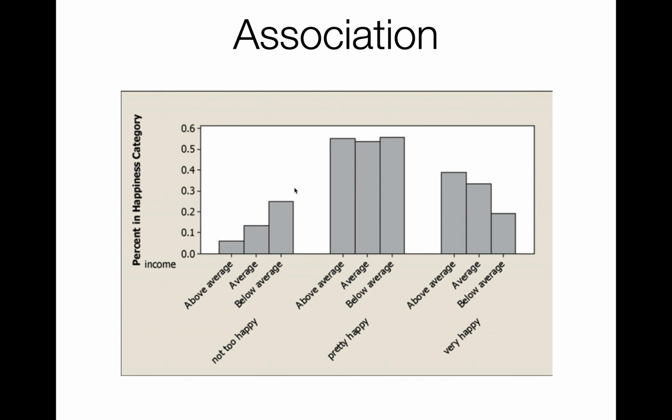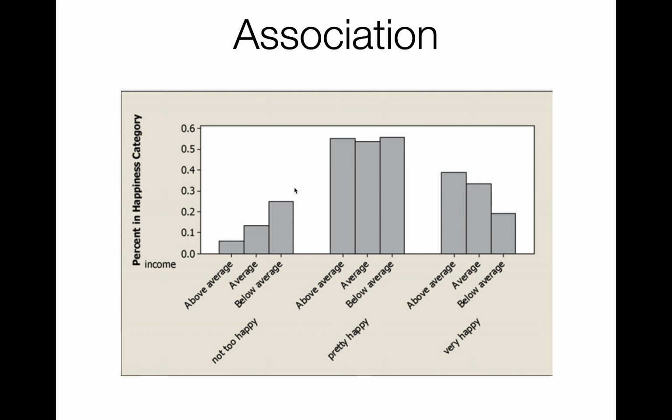Okay, we could also look at plots of these probabilities. All I've done is take the probabilities that we had in the last slide and put them as bars on a sort of bar chart here. And so you'll see that in each group of 3, the bars should be the same height for independence.